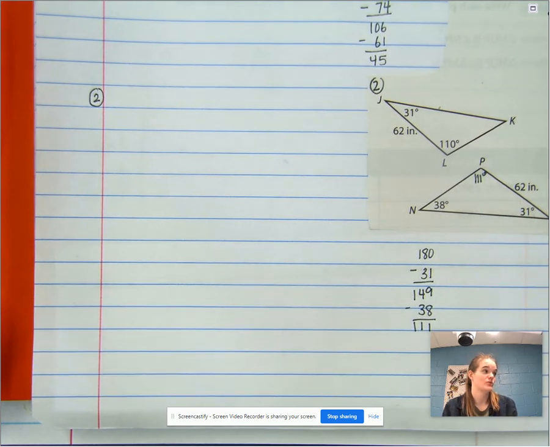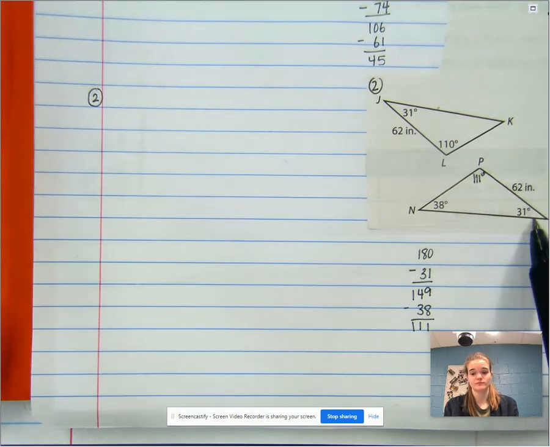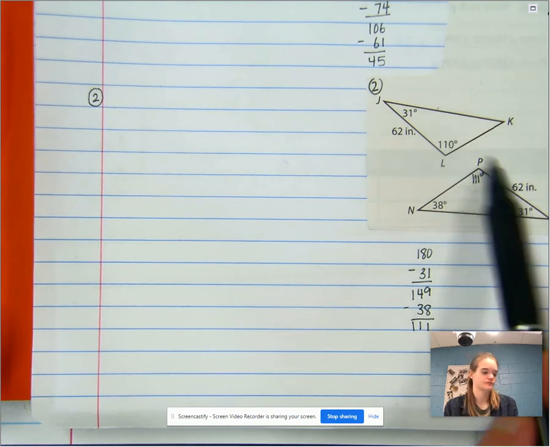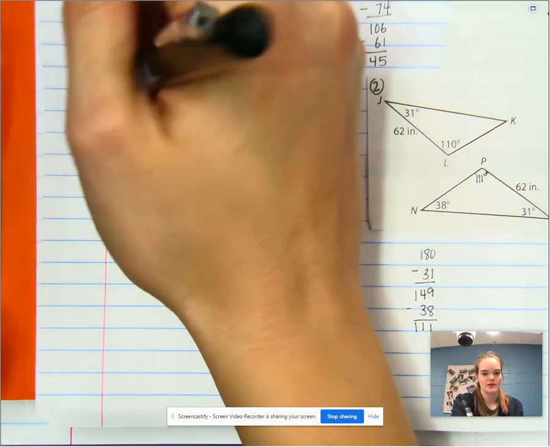That means these are not congruent. Even if it's 1 degree off, they are not congruent. So we do have to write something down. We do have an angle, we do have a side, and we do have another angle, but this one angle means they're not congruent.